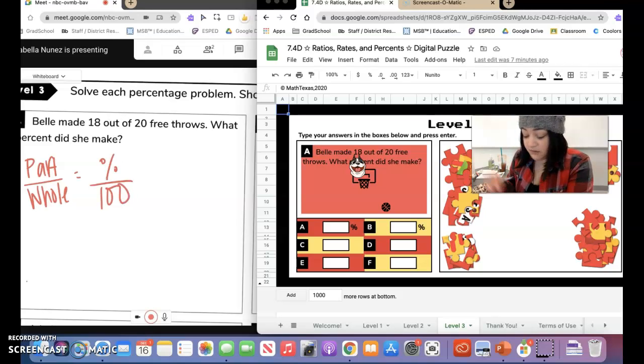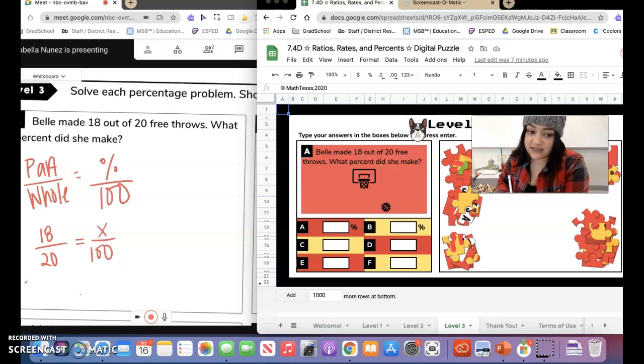And so you're always just going to plug it in like that. 18 out of 20 free throws, I would say 18 is our part, 20 is our whole, and then we want to know what the percent is, so that's our x over 100. You'd multiply and divide, so 18 times 100 divided by 20, plug that into answer choice A, and then your picture will start.